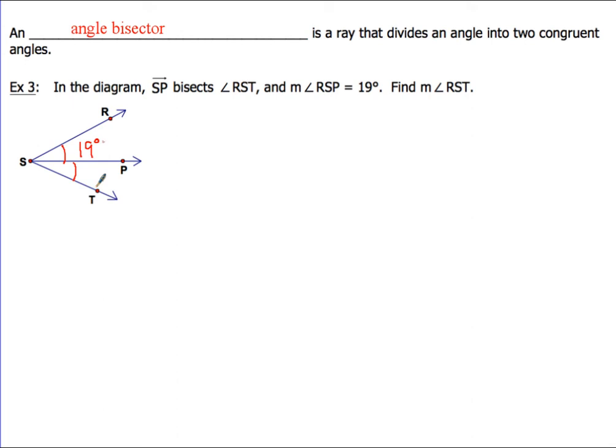So we know that one of them is 19, so that means the other one has to be 19 also. Both angles are 19 degrees. Now we're asked to find the entire angle, angle RST, so that is simply going to be done by adding those two angles together. So the measure of angle RST is just going to be 38.